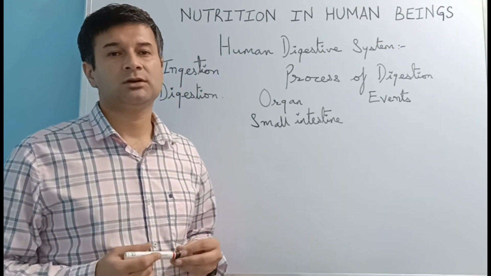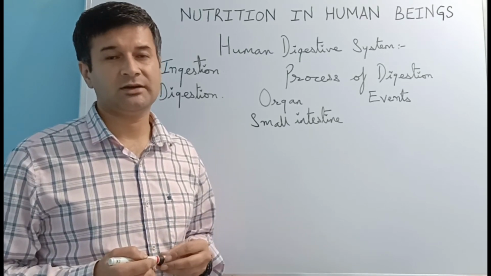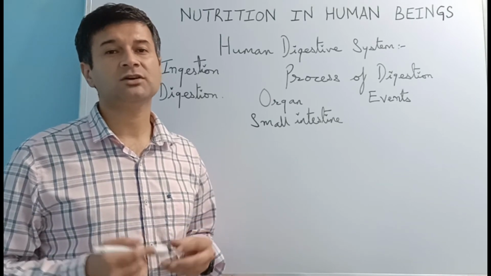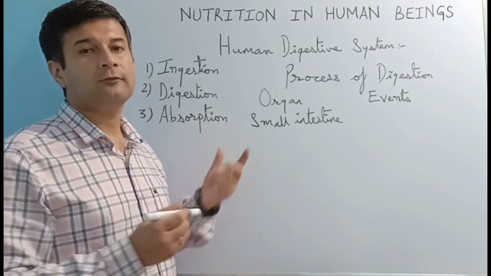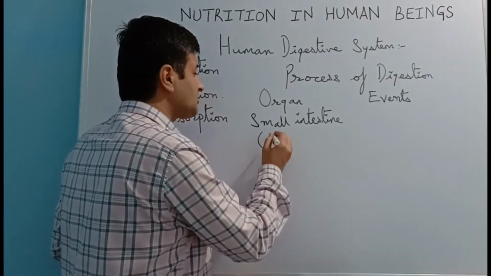Absorption. Digestion of the food is completed in the small intestine, and the digested food is taken up by the walls of the small intestine. Absorption of the digested food materials takes place in the ileum part of the small intestine.